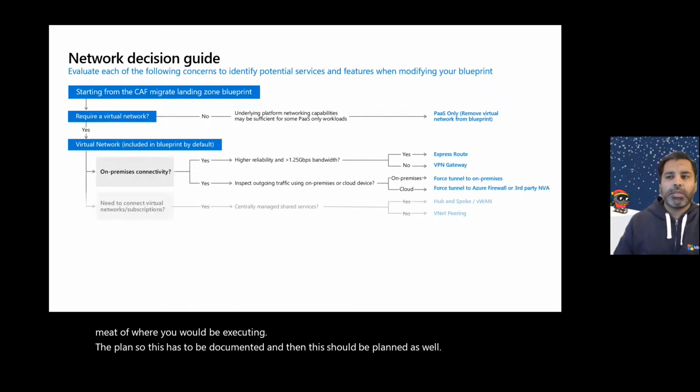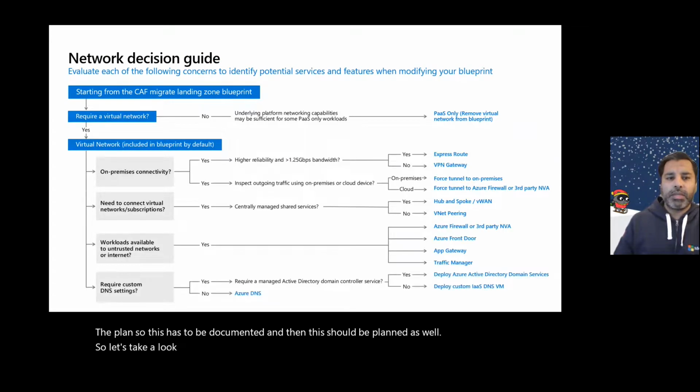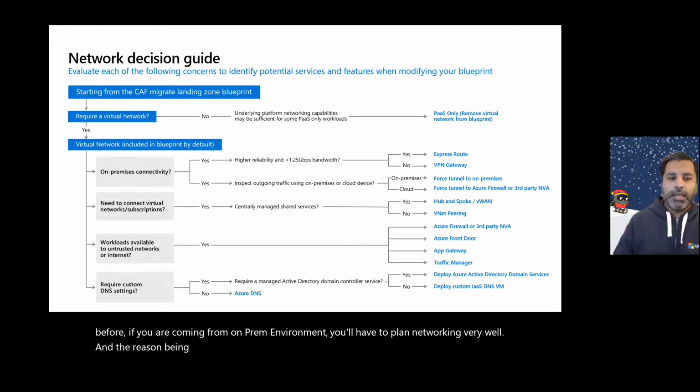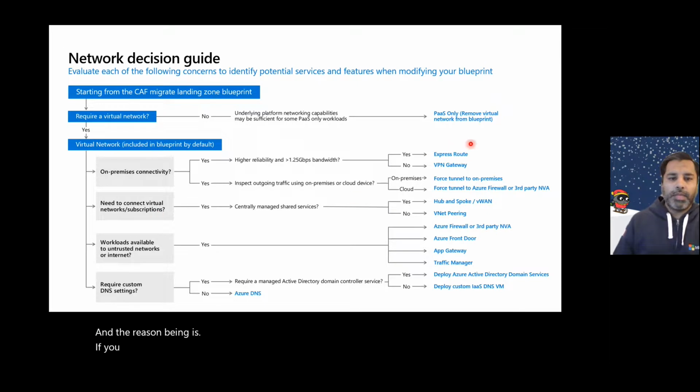So now let's take a look at the network decision guide, which is really important. As I mentioned before, if you are coming from an on-prem environment, you'll have to plan networking very well. The reason being, if you have an on-prem environment, you are going to say, okay, do I need an ExpressRoute or do I need a VPN connection?